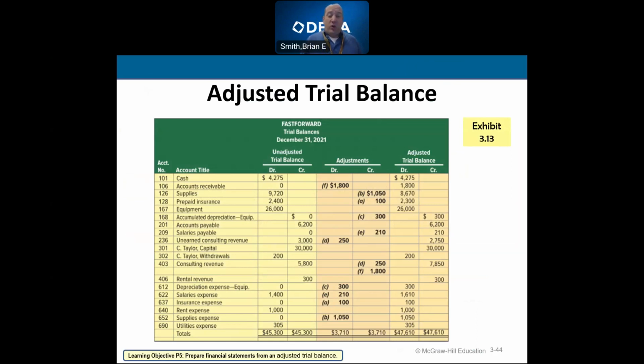Then we're going to deal with our capital accounts, which are the 300 accounts. We have our Taylor capital plus our net income that we calculated from the income statement minus the withdrawals, which will give us our ending balance on the equity account. Then we're just going to list on the balance sheet our assets, our liabilities, and then what the remaining amount is on our capital from the statement of owner's equity.